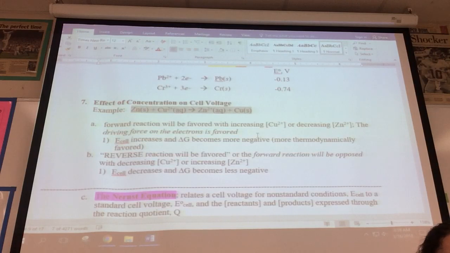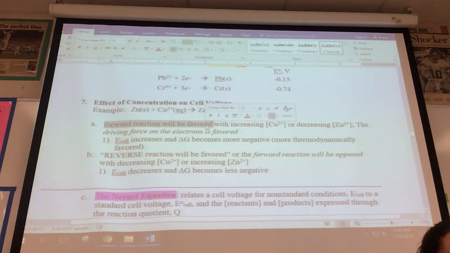In a part 2 situation, you need a little more explanation, and that's what we'll take a look at. If you increase the concentration of copper 2 ion, or you decrease the concentration of zinc ion, the forward reaction is favored. I didn't say equilibrium shifts in the forward direction because you don't have an equilibrium state.